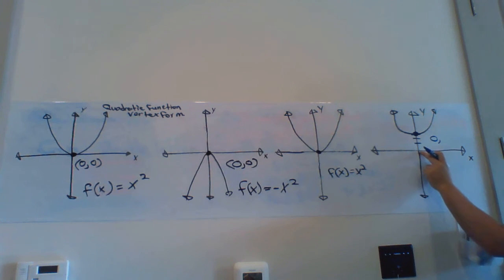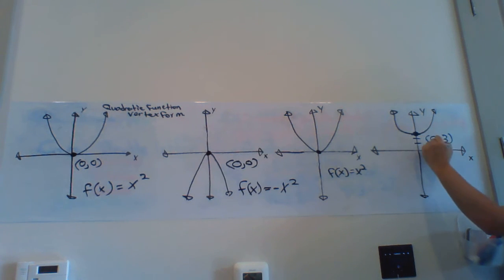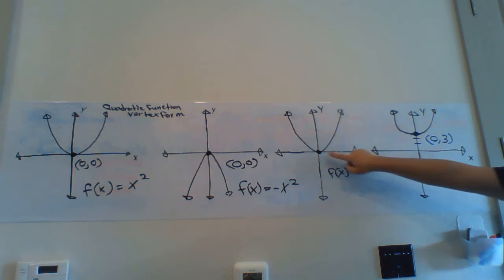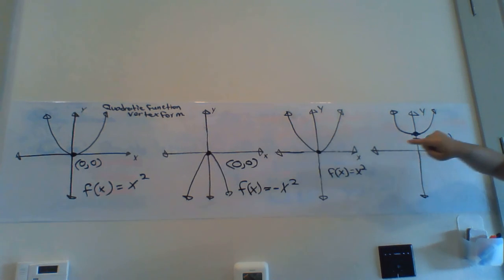So it's 0, comma, 1, 2, 3. So there's the coordinates of my vertex right here. So that's what I'm looking for. And that's essentially it, right? All I've done is move this entire shape up 3. That's what this picture is doing.